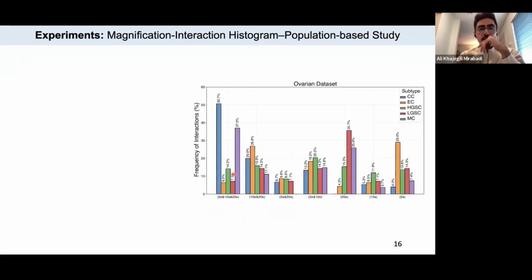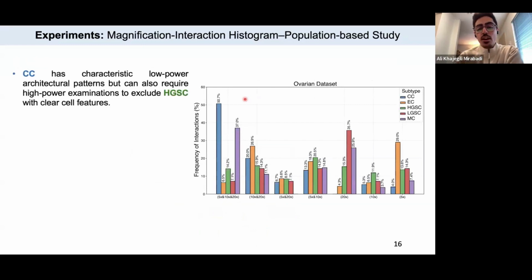We repeated the same thing on the ovarian dataset, which is a more challenging dataset compared to the bladder or the TCGA one. And we saw a really interesting result. Basically, the model for clear cell carcinoma, which is known for being diagnosed easier in lower magnification, is spending more energy on multi-magnification, but with a tendency toward lower magnification.